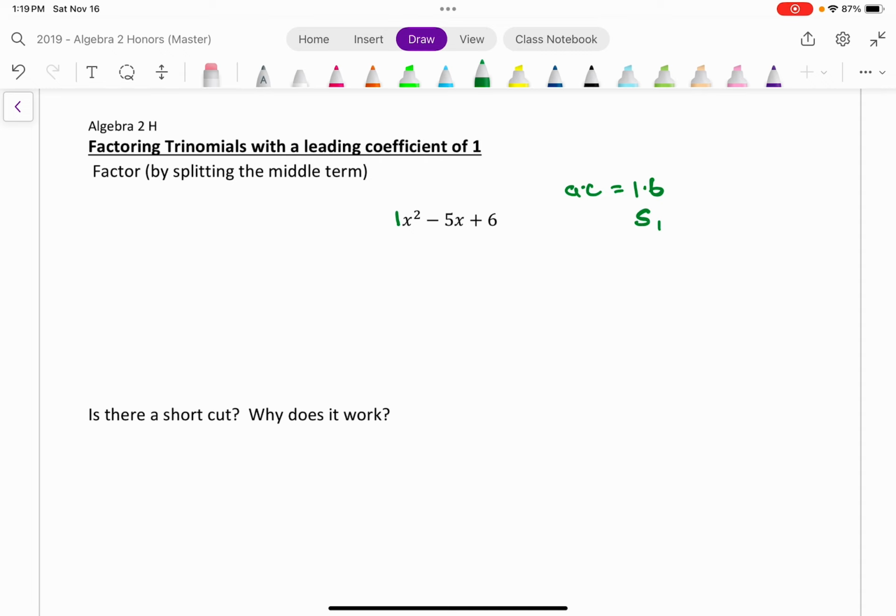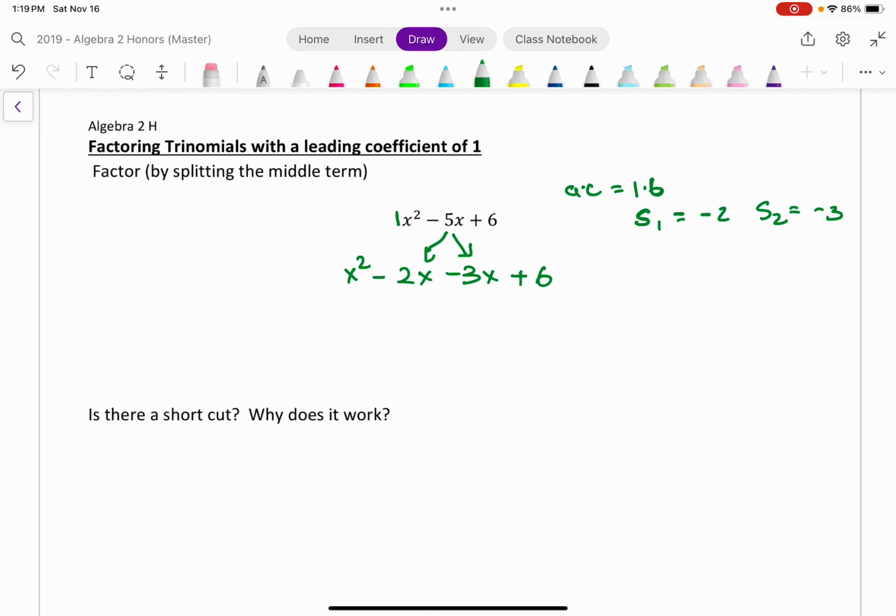So that's split 1 and split 2. And that would be negative 2 and negative 3. And we would split that middle term. And again, you can put me on fast speed. You don't have to listen to this slowly because I know you guys know this already.